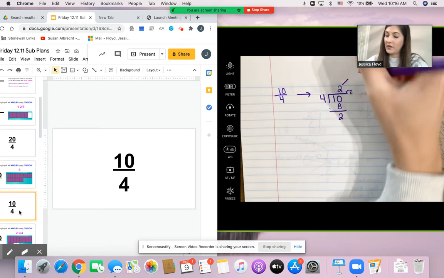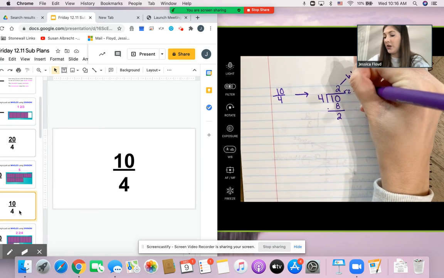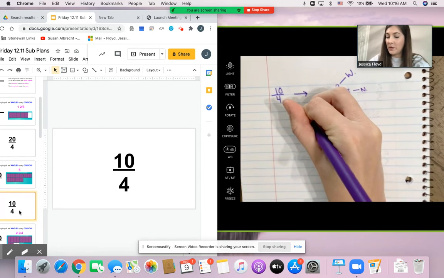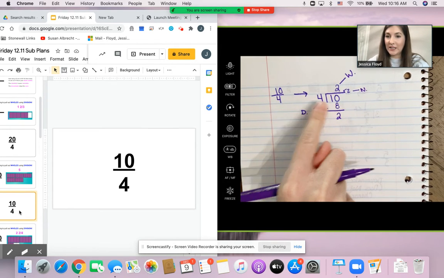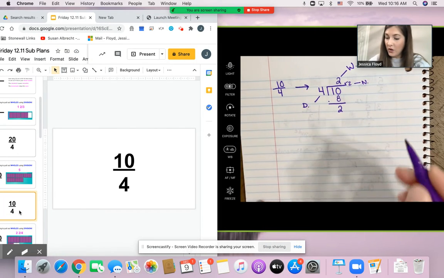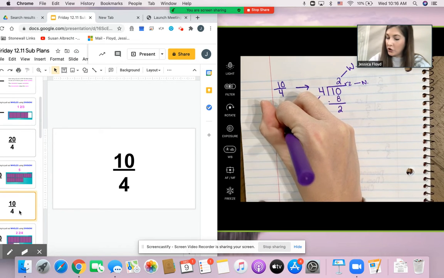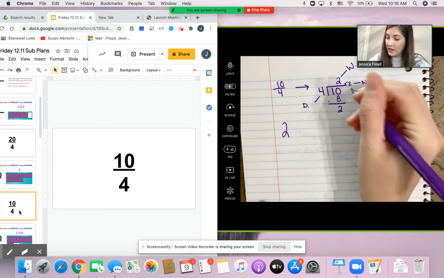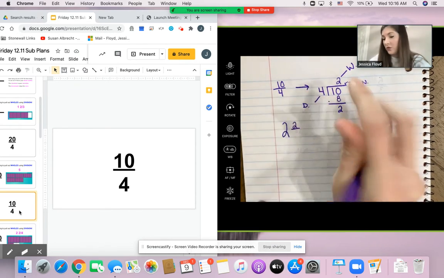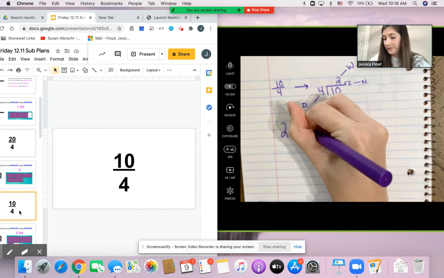So remember, this is our whole, this is our numerator, and then this is our denominator. The denominator does not change. It is the same. So I'm going to put it all together now. I have 2, and look at my numerator, 2, look at my denominator, fourths.